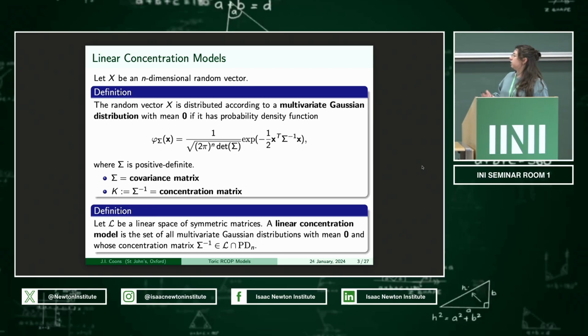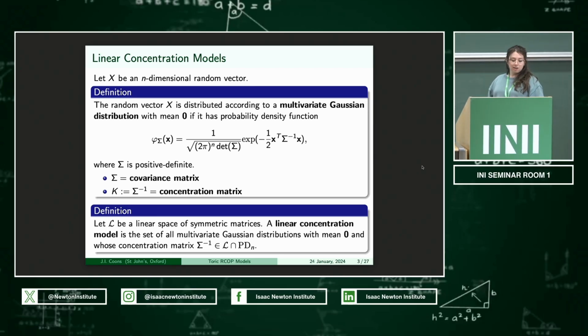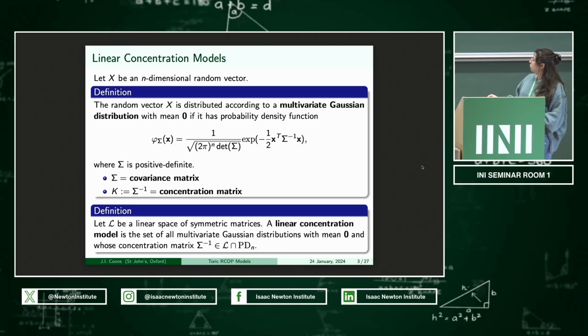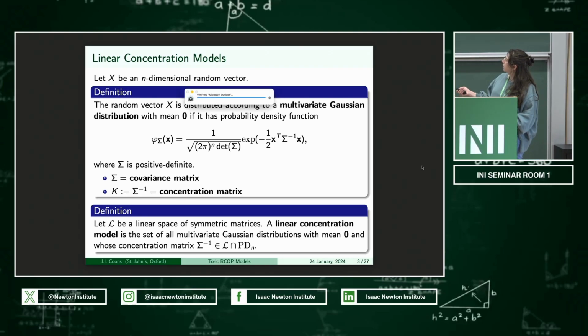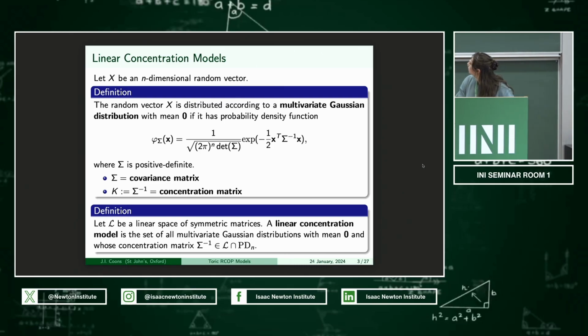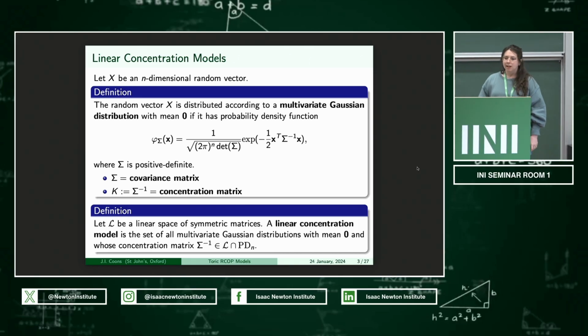So if I fix some linear space of symmetric matrices, then the linear concentration model specified by that is just the set of all multivariate Gaussian distributions with mean 0 and whose concentration matrix, the inverse of the covariance matrix, lives inside of the linear space intersected with the positive definite cone. Again, the statistical model you could think of as the set of all of these Gaussian distributions, but equivalently, I'll just think about it as all of the concentration matrices.